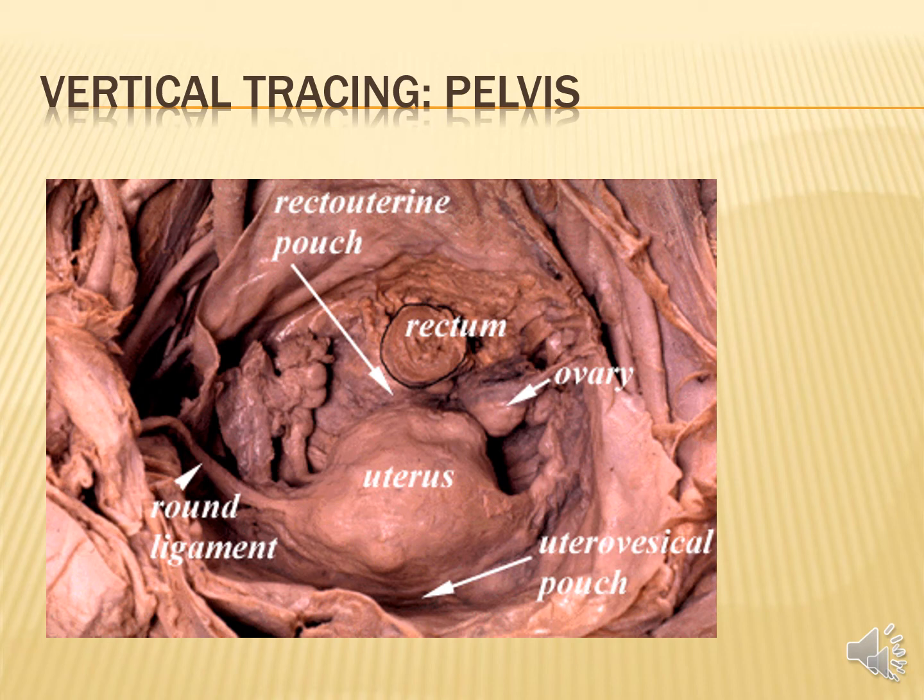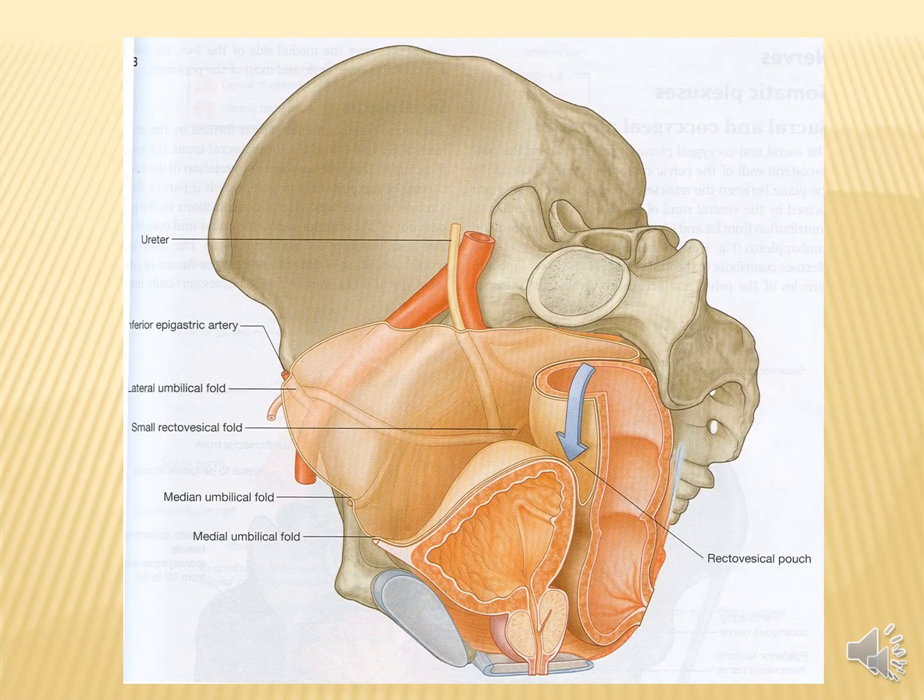And here we can also appreciate the second pouch, that is the uterovesical pouch between uterus and the urinary bladder. This is the male pelvis, and this arrow is in the rectovesical pouch.